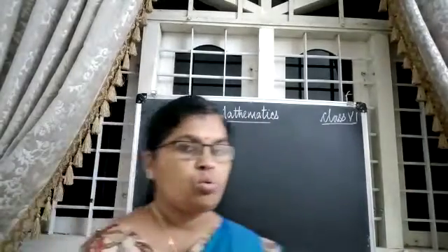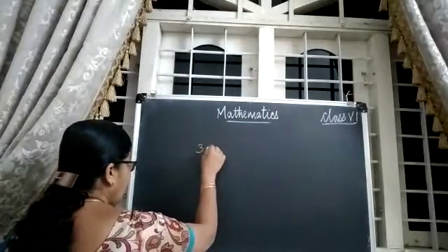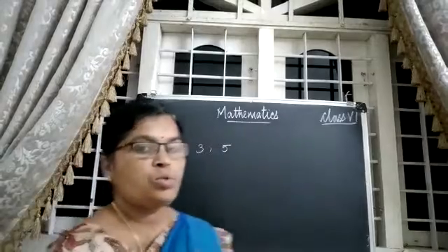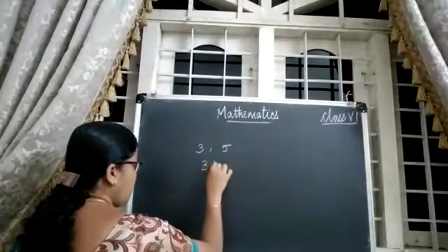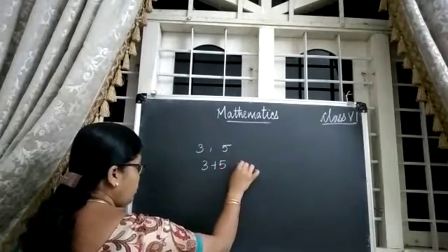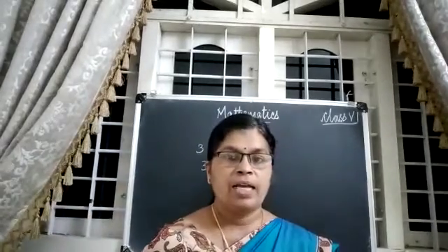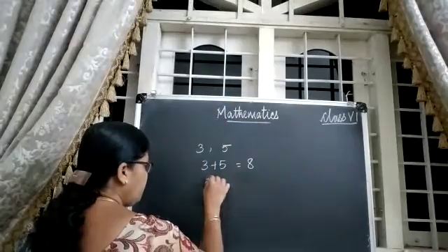See, let us consider two whole numbers, 3 and 5. Let us add these two whole numbers, then we get 3 plus 5. What is 3 plus 5? That is equal to 8. In the same way, let us add 5 and 3.